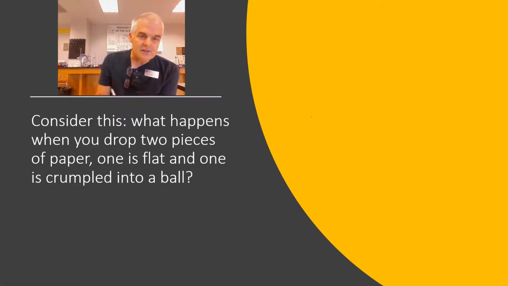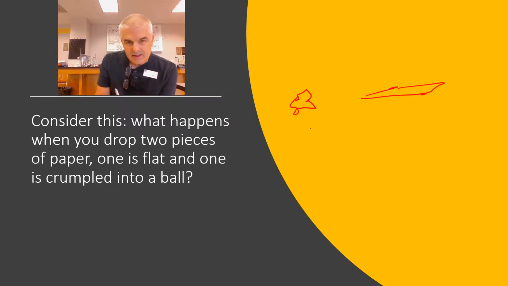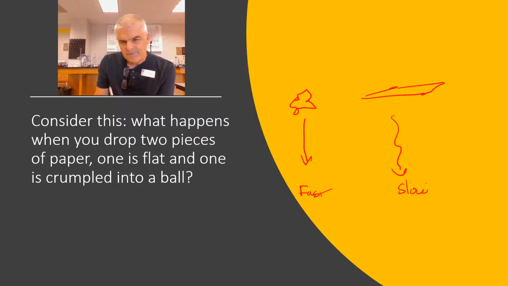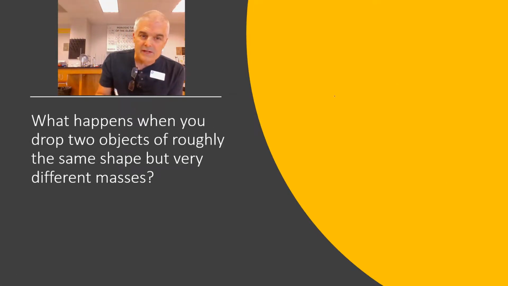So here is sort of the big question. What if I have two pieces of paper, one that's crumpled up and one that's flat? What Aristotle noticed is this fell fast and this fell slowly. So that actually obeyed Aristotelian physics. But what happens if we take two objects with the same shape but very different masses?